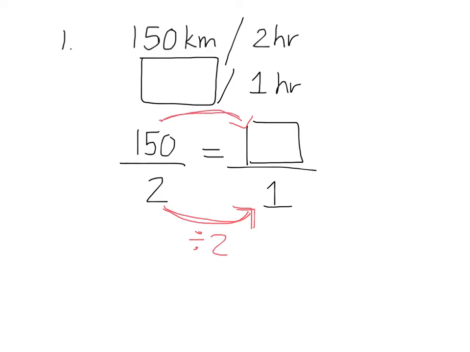So what do I have to do to the numerator? Divide by 2. What's 150 divided by 2? 75. That means that the unit rate, this car travels 75 kilometers per hour. That's the rate at which it's traveling. Every hour it's traveling 75 kilometers.